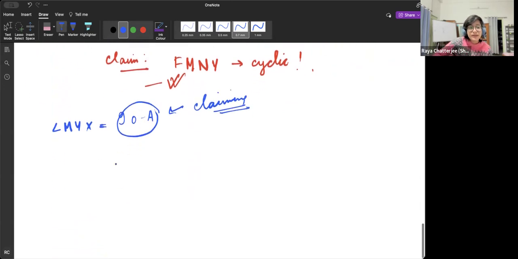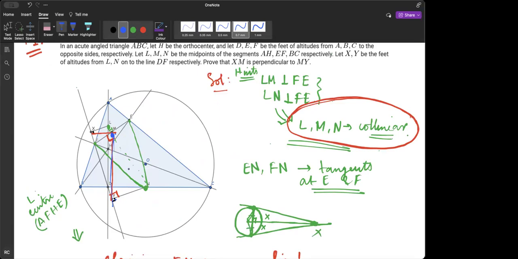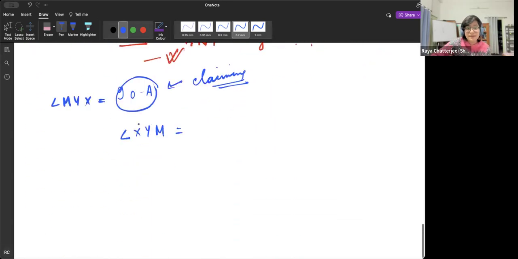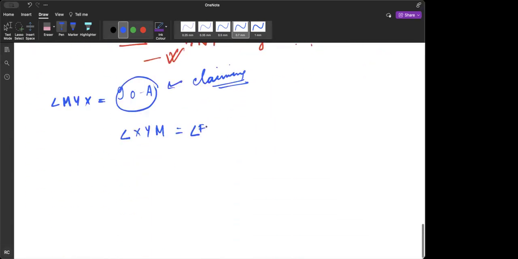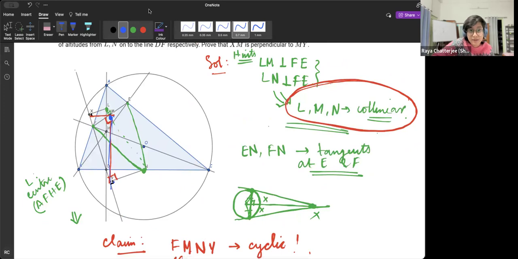Okay, so angle XYM equals, where's the angle XYM? Should it be equal to FNM? Yes, because the angles in the cyclic quadrilateral are congruent. Perfect.